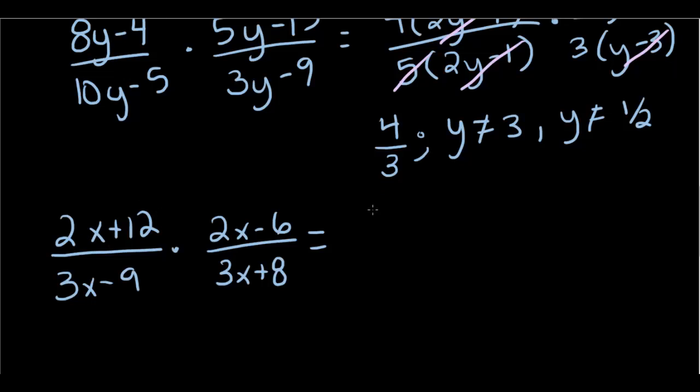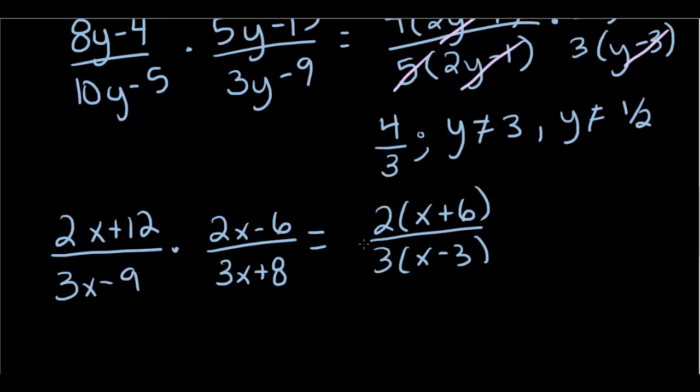The common factor amongst these two is 2, so it's going to give me x plus 6 over the common factor amongst these two is 3, x minus 3. The common factor amongst these two is 2, x minus 3. The common factor amongst these two is nothing, so it's 3x plus 8.